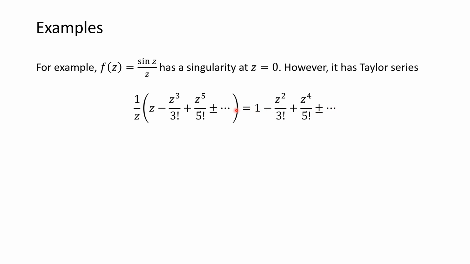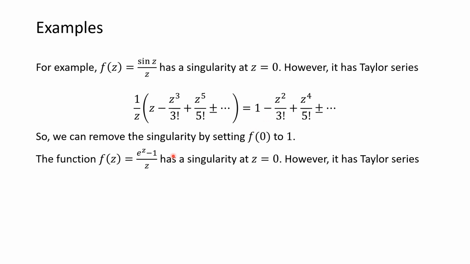And then we can say, well, the limit as z approaches 0 actually equals 1, and we can redefine f of z at 0 to be 1, in which case we effectively remove the singularity, which is why it's called a removable singularity.